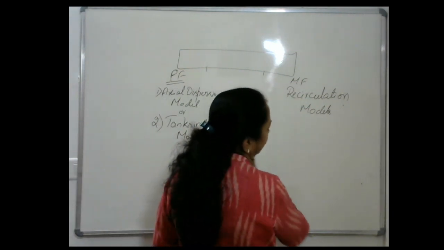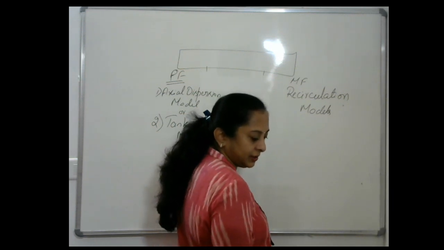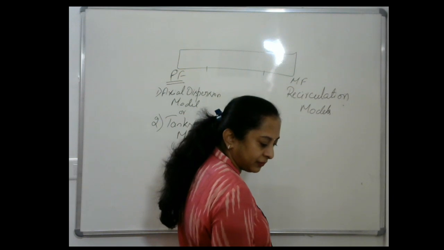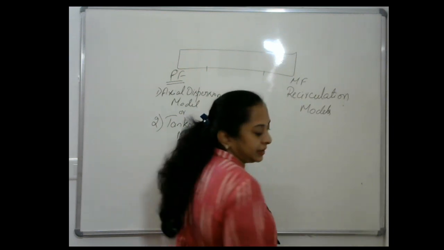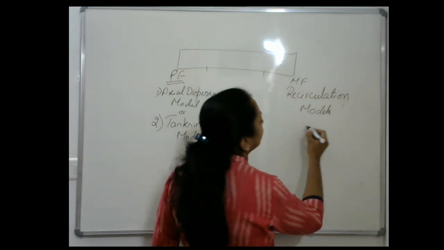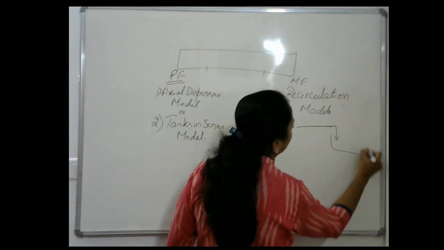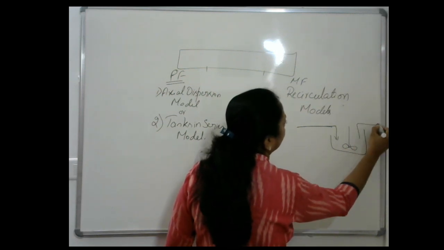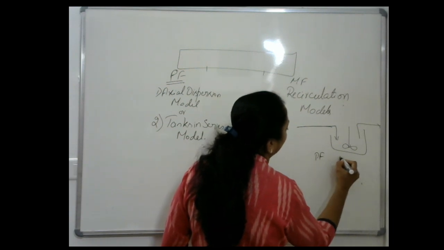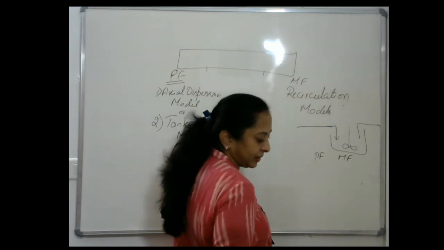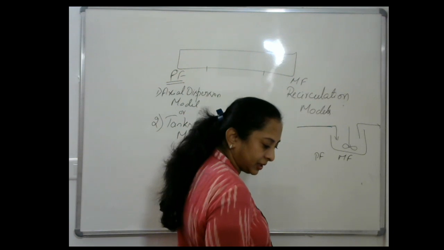PF connected to MF. For example, you had seen that one curve which showed you PF. Let me recollect what we had done. Depending on the length of the tube, if the inlet tube and the outlet tube are larger, then we had approximated that as a PF followed by MF. What nature did we actually get for this?